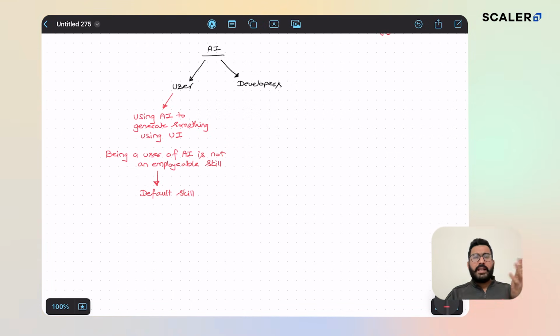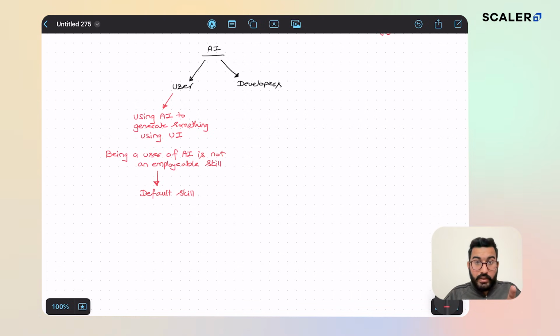If I go back to the year 2013-14, at that time, in all the hirings that were happening, employers assumed that people who were applying were aware of how to use a computer.